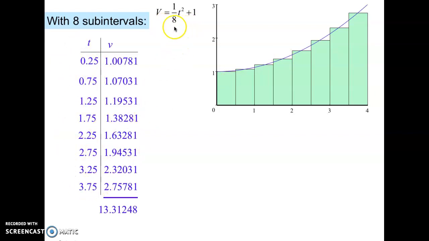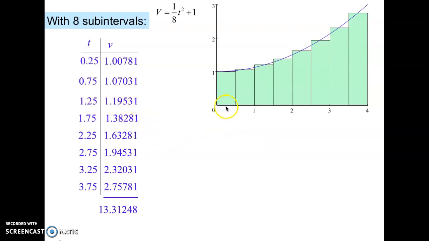And then I put them back into the original equation to find what the value of V was at each one of those values. So then I added up all my lengths here. This length is 1.00781. Then this length is 1.707031. And the length, excuse me, of this rectangle was 1.95, and so forth.